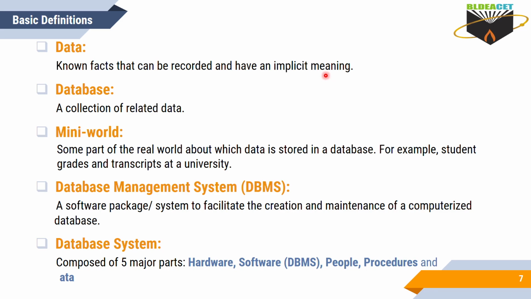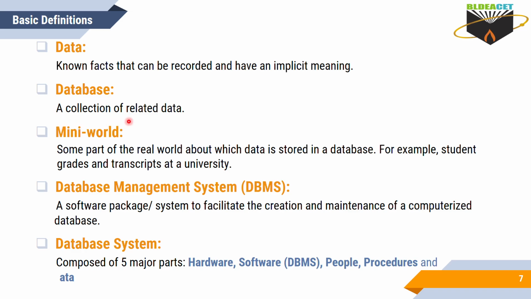Student name tells that it is the name of the student. So that is what we call data. Name of the student, USN of the student, book title: anything you can record that has implicit meaning, you can call data. It may be a place, a person, a textbook, a classroom, anything.